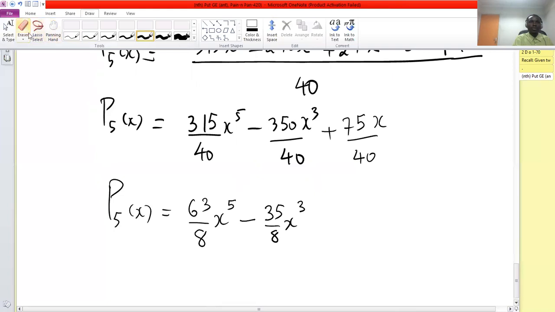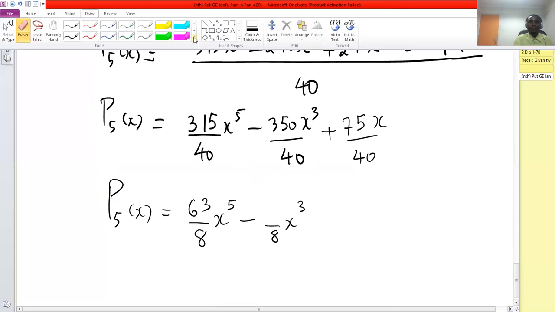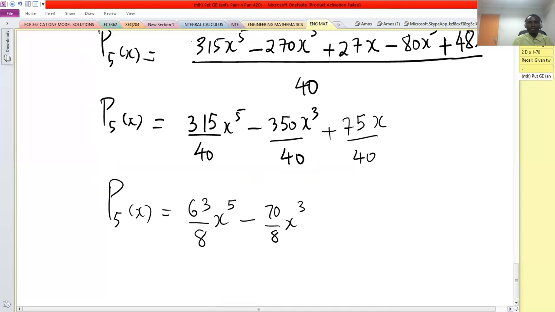So if I have to put over 8, then I have to make this one 70. And then plus 75 divided by 40, 15 over 8x.